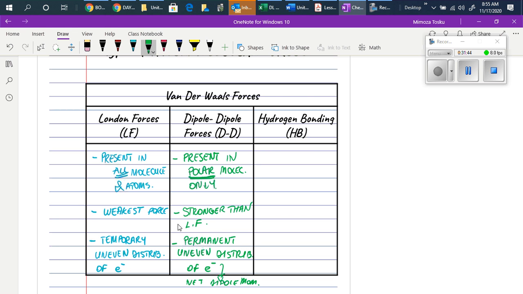Okay. The third type of force, which is the strongest one, is the hydrogen bonding.